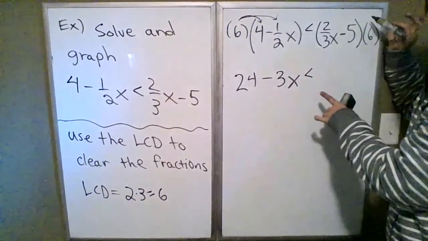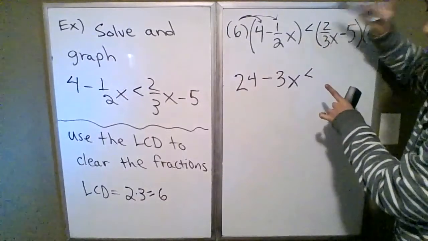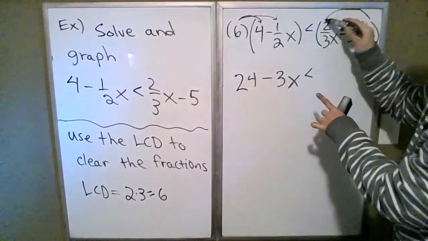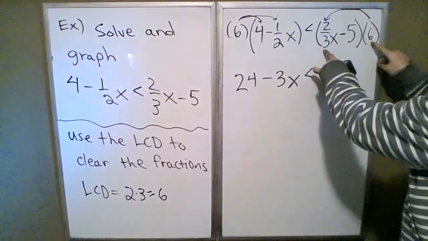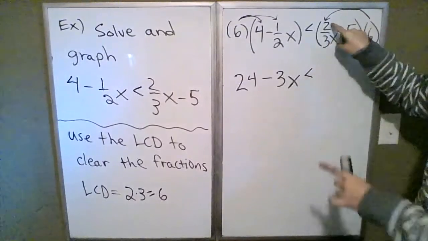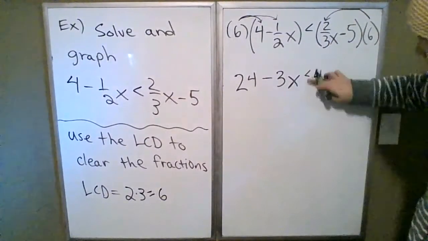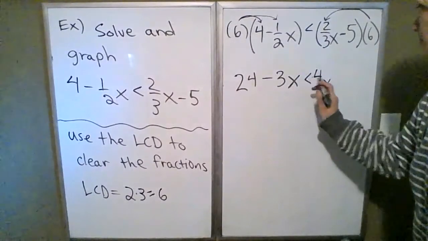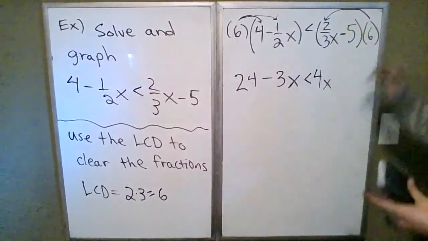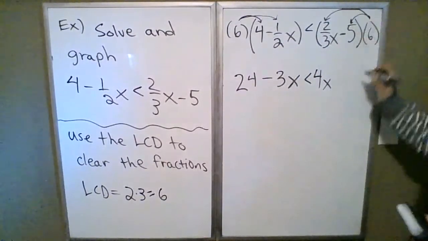Okay, and on this other side, 6 times 2/3. 6 divided by 3 would leave a 2, and that 2 times that 2 is going to be a 4x. And then 6 times negative 5, minus 30.